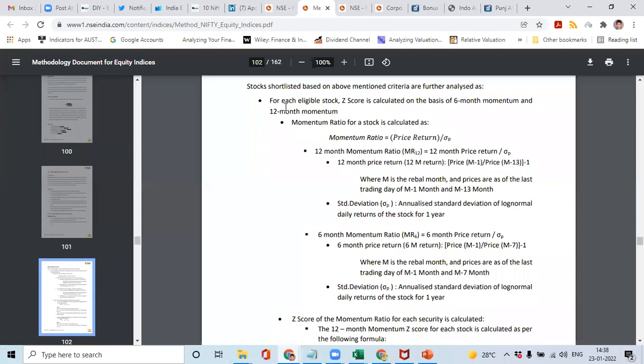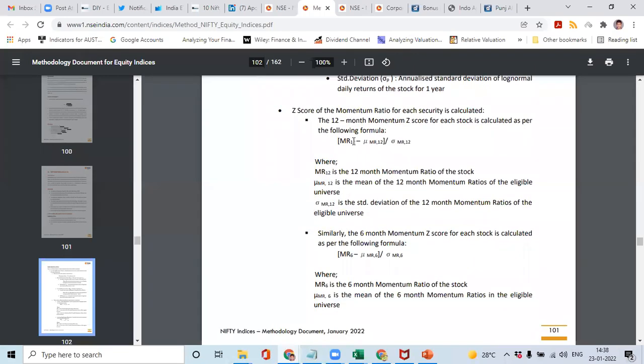Then what is he asking? Calculate 12 months, calculate 6 months. Then calculate Z score. Z score is nothing but the momentum ratio of that particular stock minus mu, that is the average of all the investable universe, which is all the 500 stocks, divided by the standard deviation of all the universe.